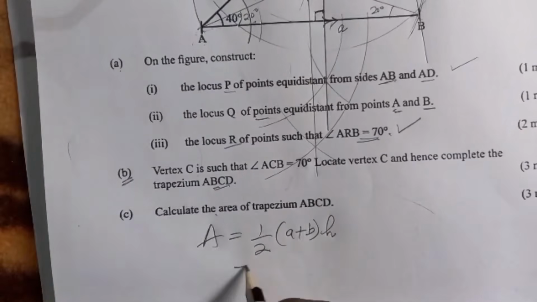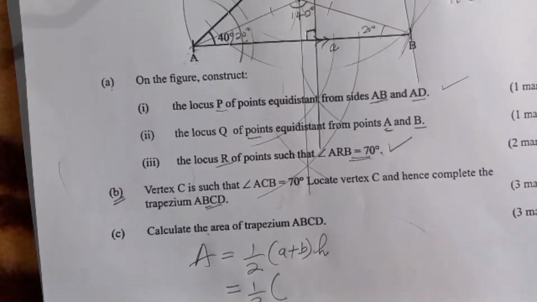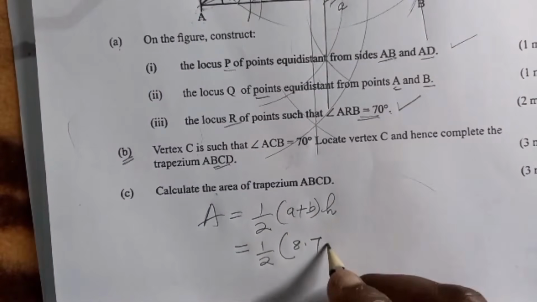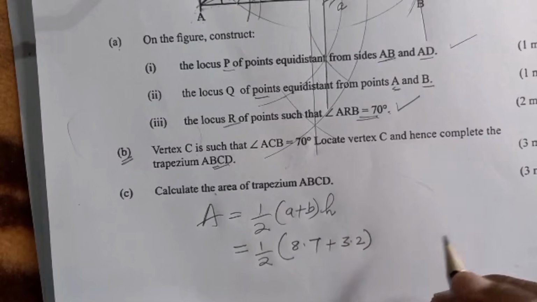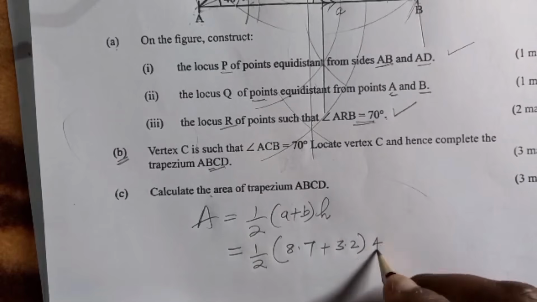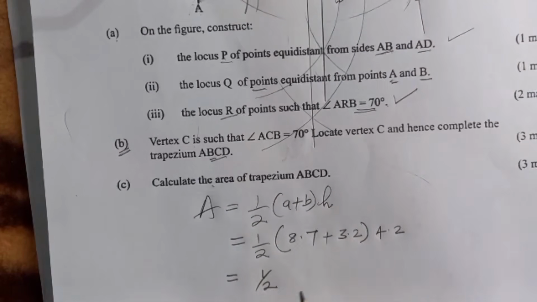So area is equal to half multiplied by the sum of the two sides. AB was 8.7 plus the other side DC 3.2, then times the height, which is 4.2. So this will give half multiplied by 8.7 plus 3.2. That gives 11.9.